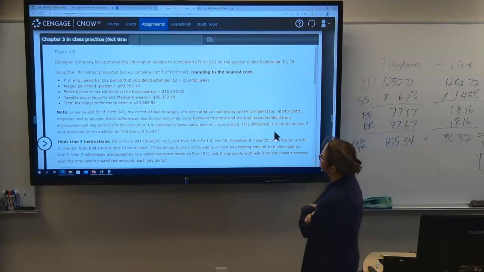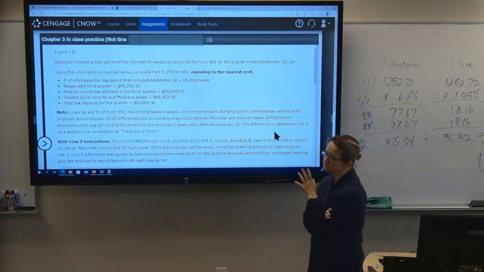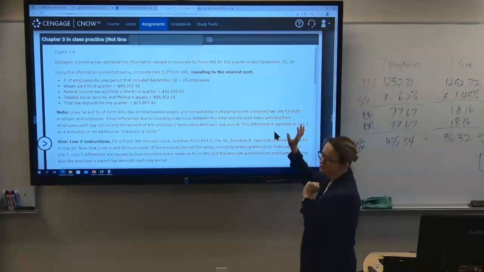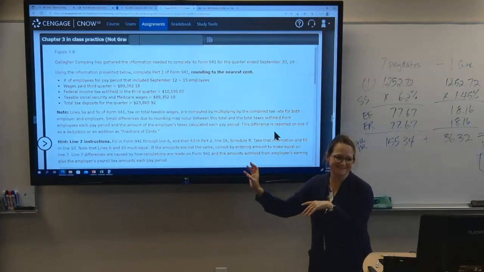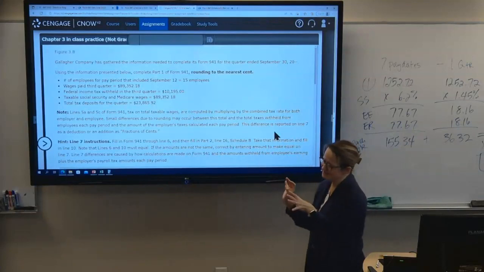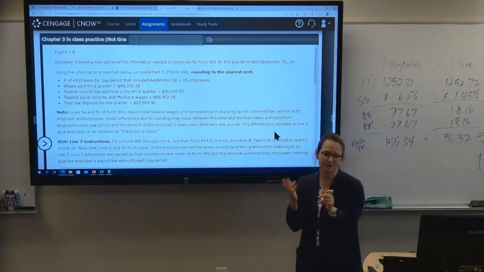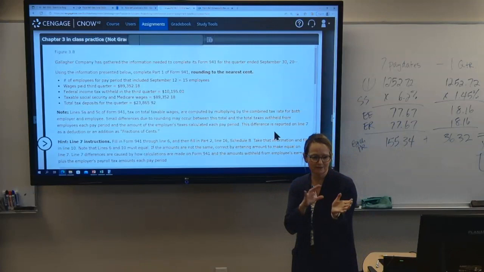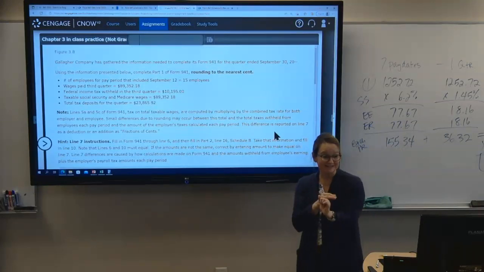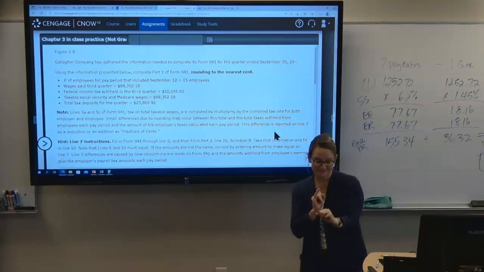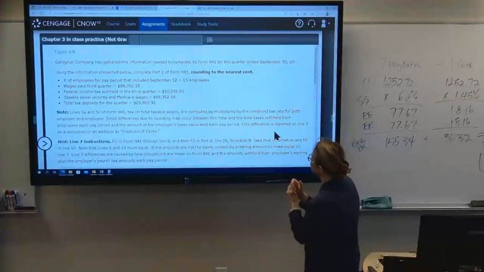Using the information presented below, complete part 1 of Form 941, rounding to the nearest cent. Now, they don't really tell you when to round to the nearest cent. I realize that's kind of vague, but if you're struggling to get the answer, that's the first place I would look. Did I round it in the wrong place?